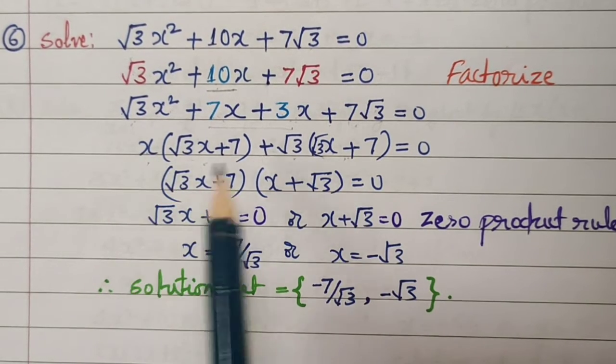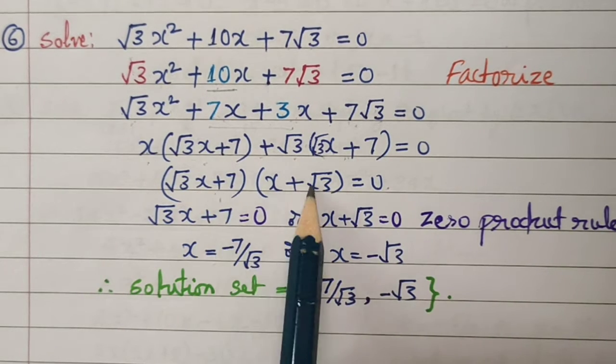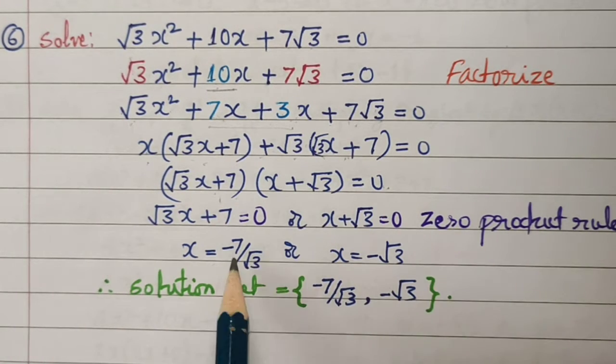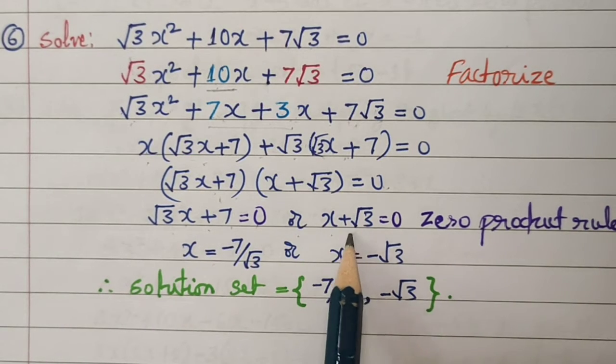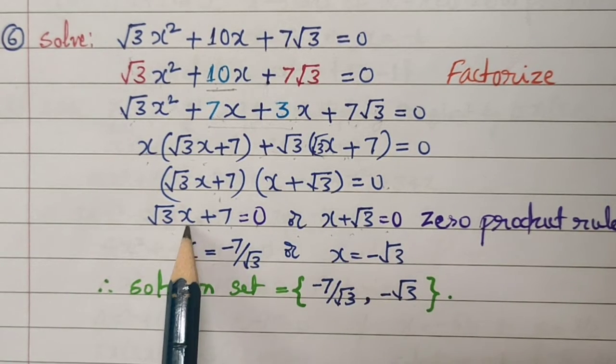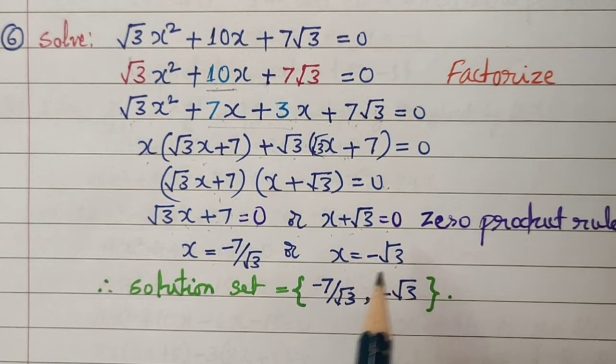We are left with x + √3 equal to 0. Equate these two separately to 0 by using the zero product rule: √3x + 7 = 0, or x + √3 = 0. Then x = −7/√3, or x = −√3. Therefore, the solution set is {−7/√3, −√3}.